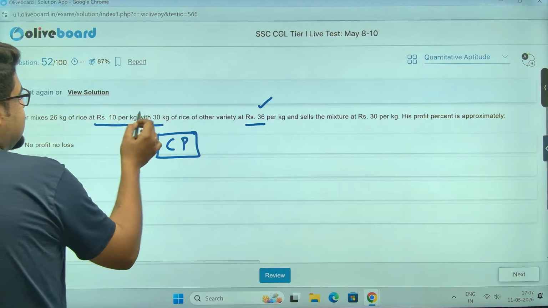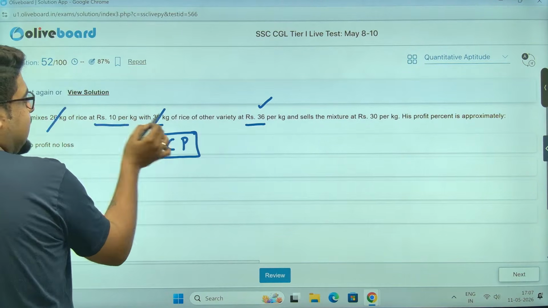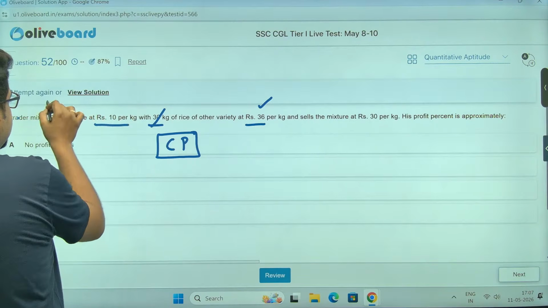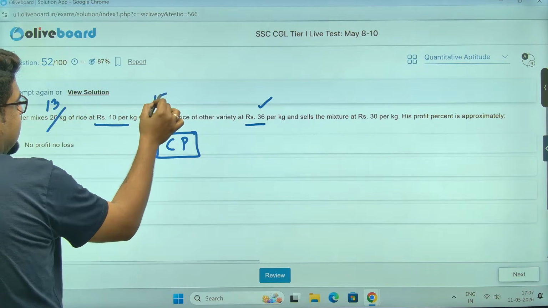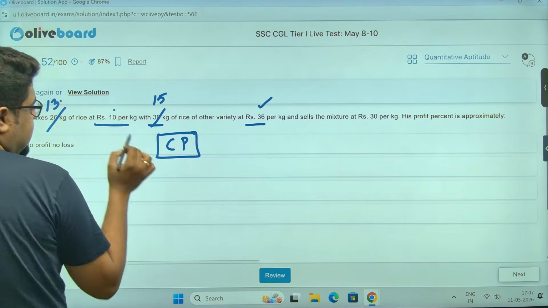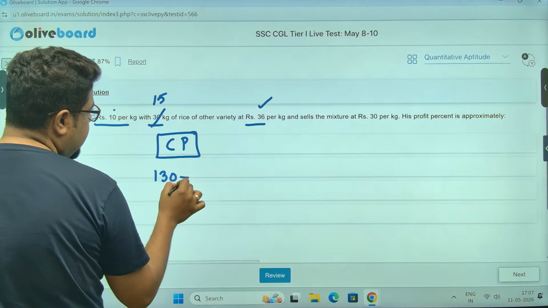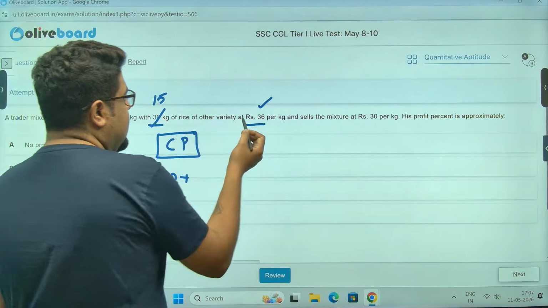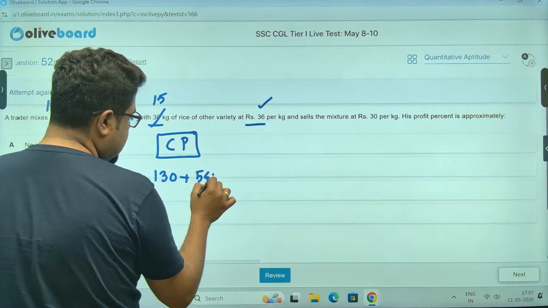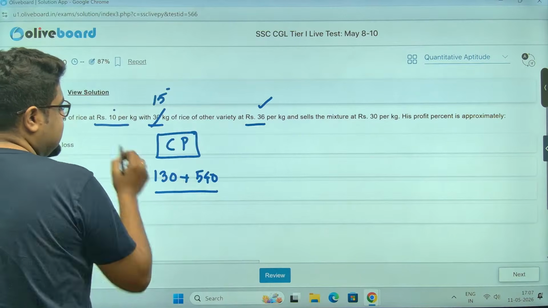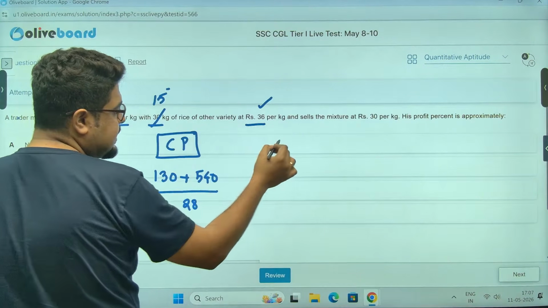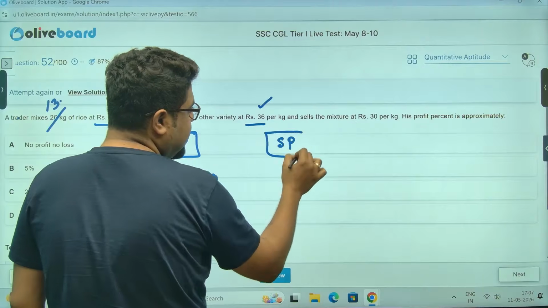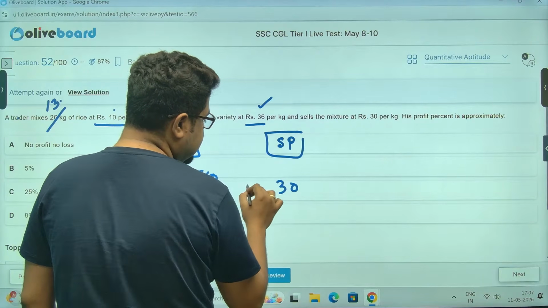For the weighted average, first of all, we can reduce the weights. So 13, this is 15. So 13 into 10, 130, plus 15 into 36, 540, by 15 plus 13, which is 28. This is CP. SP is given to you as 30 rupees a kg.